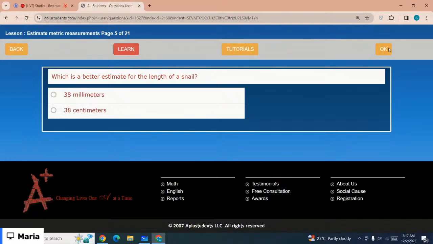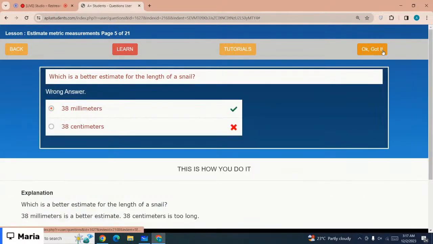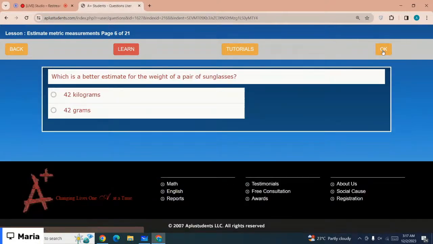Yes, that would be 38 millimeters because snails are very small, right? So centimeter is not the unit to measure their length. The correct option is 38 millimeters.